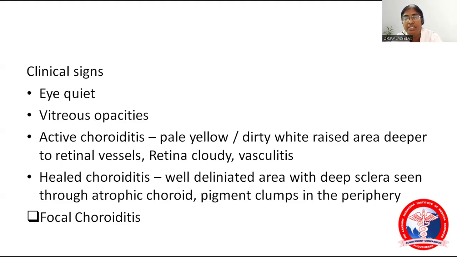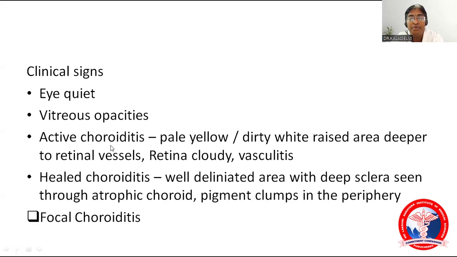These lesions appear deeper to the retinal vessels, which means the retina is not the primary tissue of inflammation. Because of the reactionary spillage of the inflammation, the retina which is near the choroidal inflammation appears cloudy, and you can have inflamed peripheral vessels near the area, that is vasculitis.